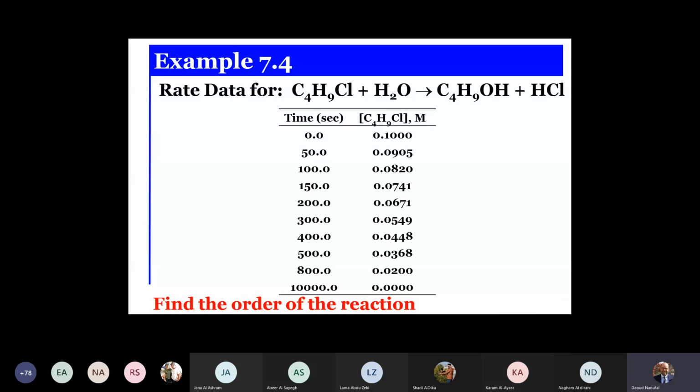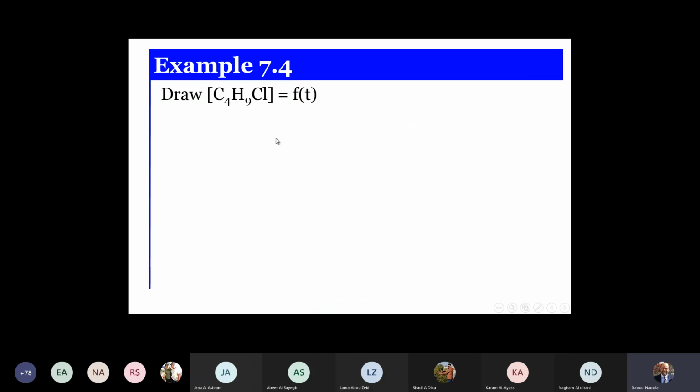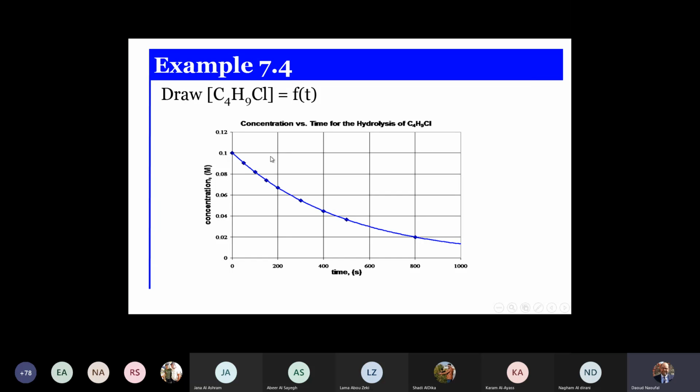First, I will draw the concentration of C4H9Cl as a function of time, and the variation is a decreasing curve. I did not obtain a straight line. So the relation At equals A0 minus kt is not justified. So this reaction is not of zero order.